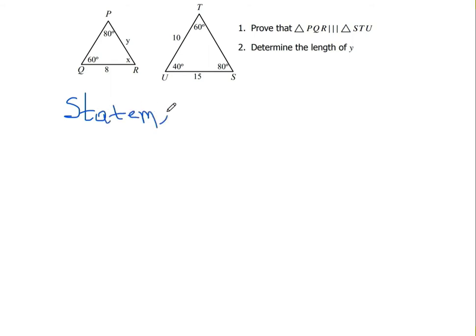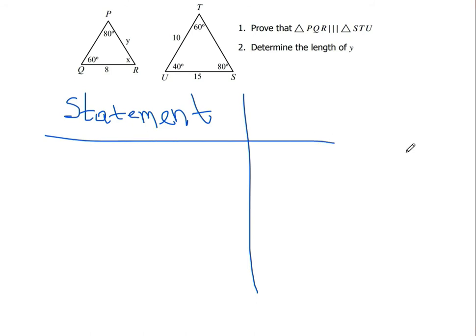This is where you write your statements, all the statements that we say, and these are the reasons. For any statement, you should have a reason for what you say.